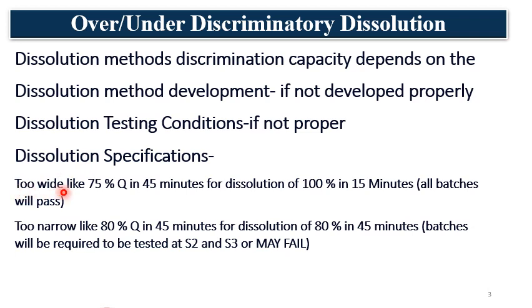For example, too wide a specification, like 75% in 45 minutes for a dissolution of 100% in 15 minutes. So if your bio batch has 100% drug release in 15 minutes, and the dissolution specification is given as 75% Q in 45 minutes, then that dissolution method does not have any discriminatory power, and that method will pass all the batches.